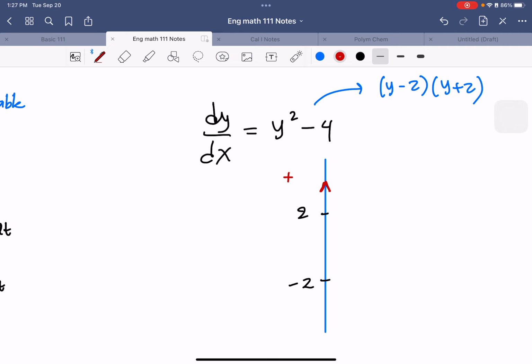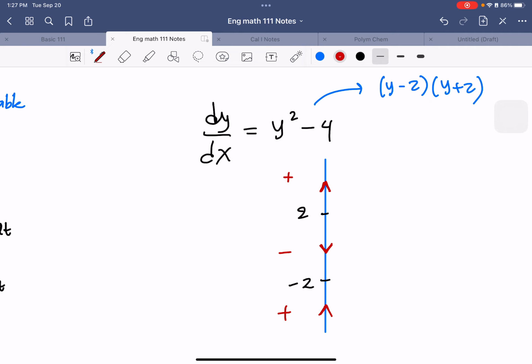It's negative, right? If we put 0, it's negative. So if negative, the arrow is going to be down here. And then if we have negative 3, what will happen? Is it negative? Is it negative, right? So positive. Okay? So positive like that.